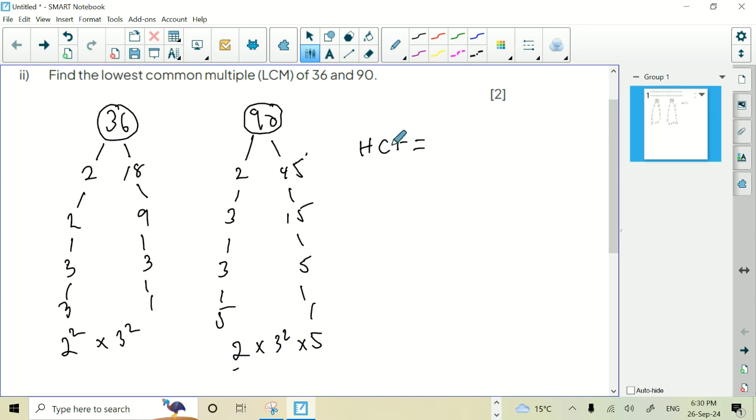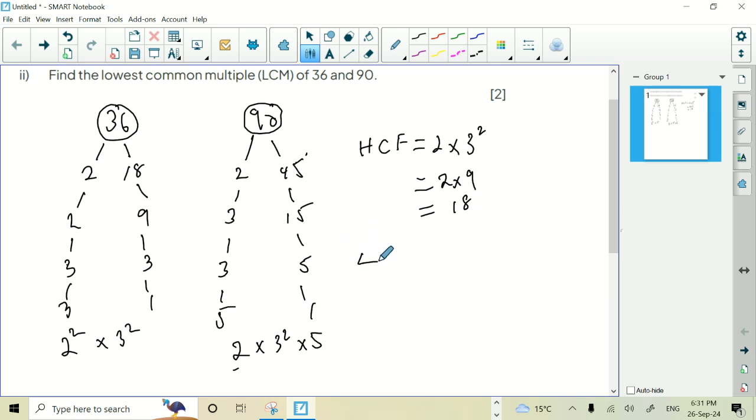The 2 here is the smallest power, so it's 2 to the power of 1. So I'm going to use that. We have 3 squared in both, so I'm going to use 3 squared. And that's it, because these are the numbers that are common in both 36 and 90. So that's 2 times 9, and therefore the HCF is 18.